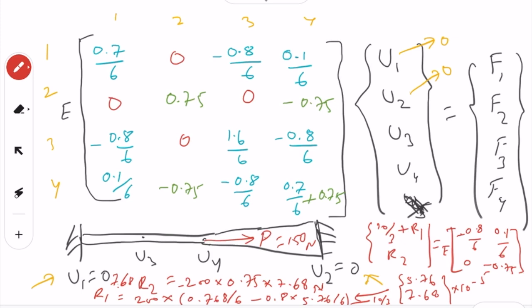So this correction here is divided by 7.68, and here we can write like this, R1 equal to, and then we say multiplied by 7.68.